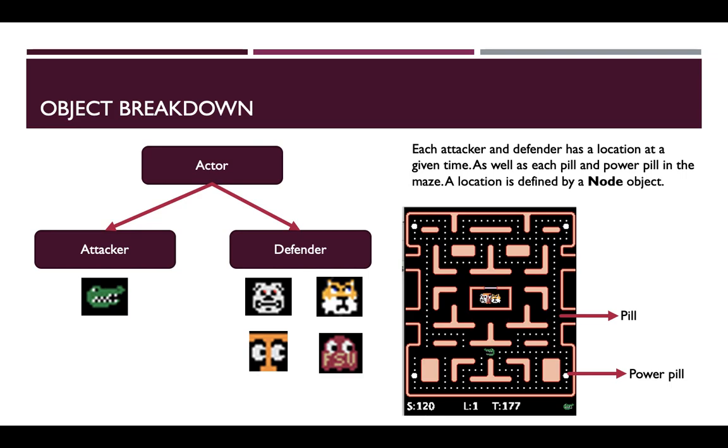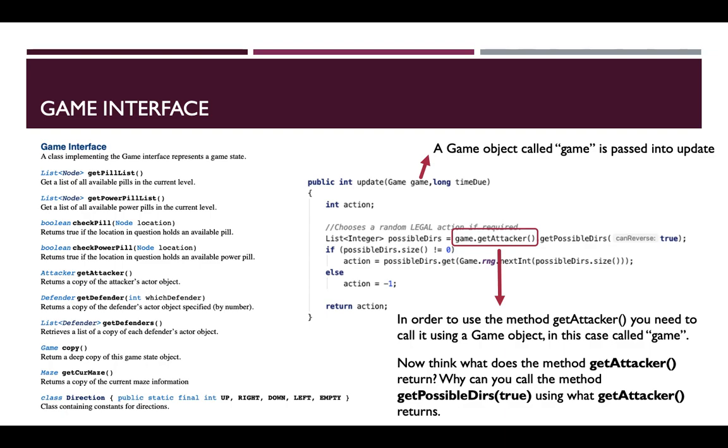So those are the two different types of pills that you have. And remember, a pill, a power pill, a defender, and an actor, they all have locations defined by a node object. Okay, moving on. In your project instructions, you have a breakdown of the different interfaces and the methods that are implemented in their respective classes.